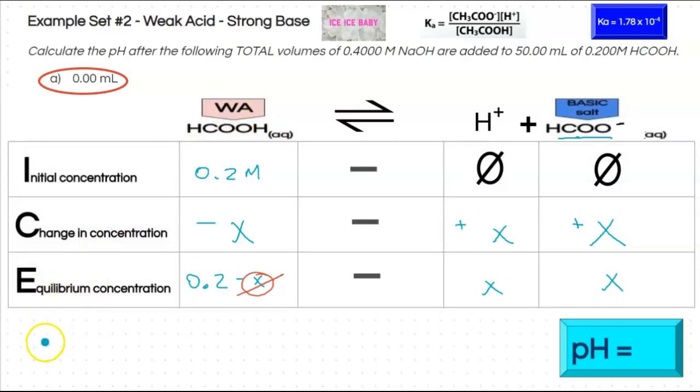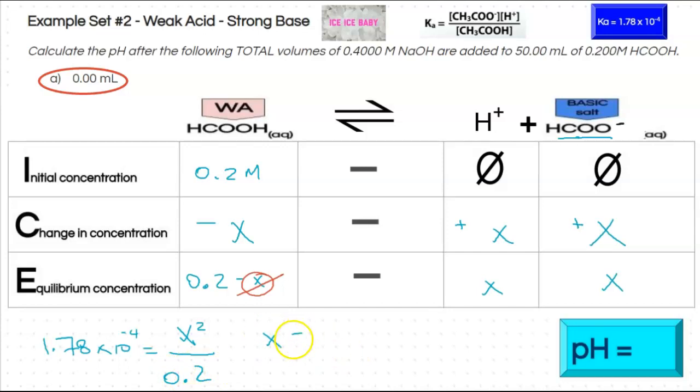So I fill in my Ka value, 1.78 times 10 to the negative fourth is equal to, and I'm just going to put my X squared at the top because my hydrogen concentration is one of the X's, and then the conjugate base is the other of the X's, and so that's X squared. And I put that over the initial concentration of my acid, which was 0.2 molar.